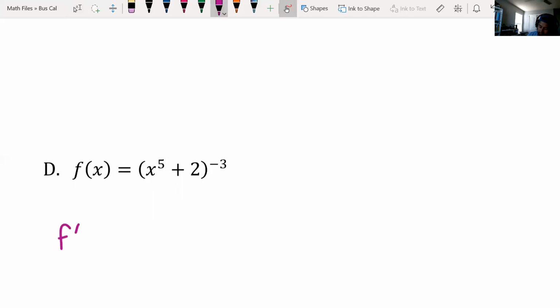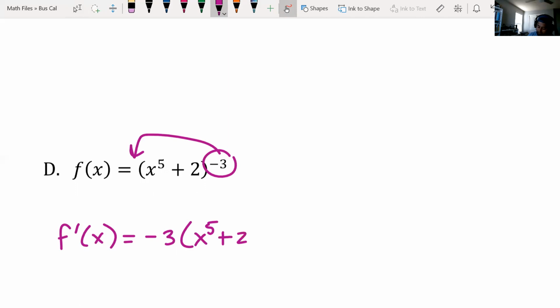So the derivative, f prime of x, that negative 3 comes down, and you get negative 3 times x to the 5th plus 2, and you subtract 1, and that means we go more negative. So there's the derivative of the outside. Now we multiply it by the derivative of the inside, which is 5x to the 4th.